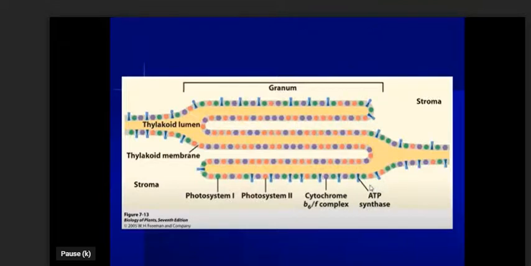So internally, this is the structure of the granum, and inside the granum there is a presence of chlorophyll molecules or chlorophyll pigments, and these pigments absorb the light through photosystem first and photosystem second, through this cytochrome B6 and F complex, and lastly there is a synthesis of ATP molecules. So this is about the structure of the granum.